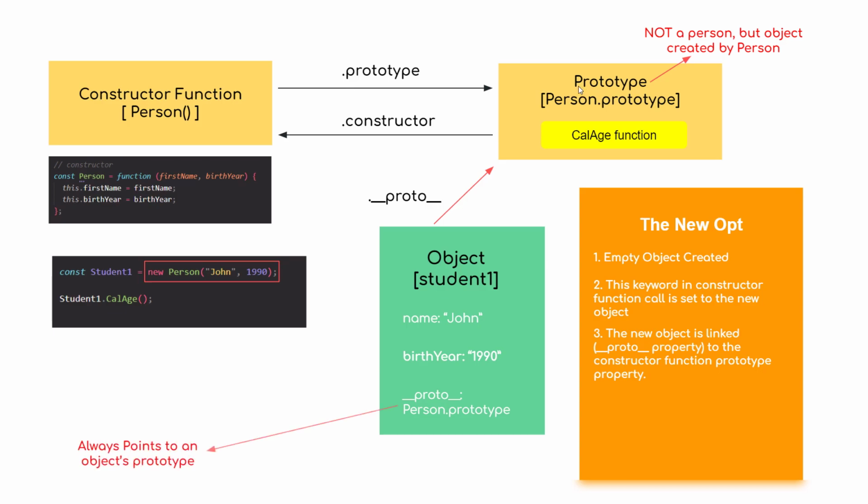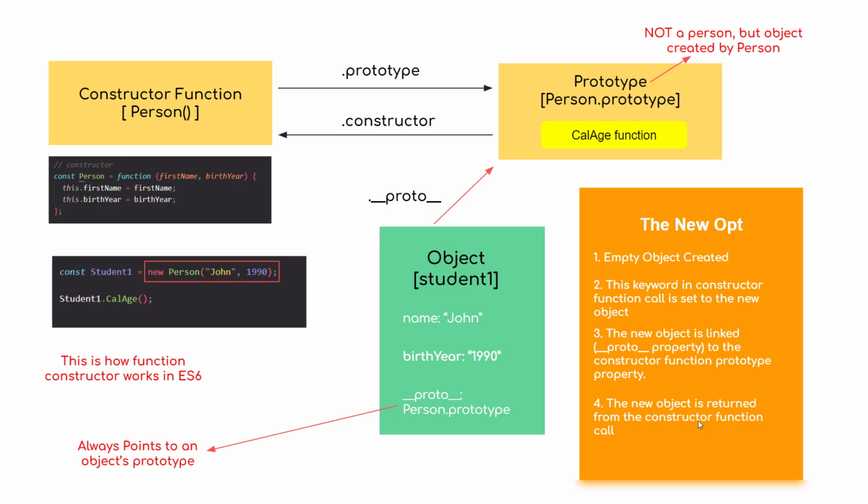The __proto__ always points to an object's prototype. Once you create an object, every object has a __proto__, and inside that there is a particular object name and also the prototype property. Cool. Let's look at that. The fourth one is that the new object is returned from the constructor function call.